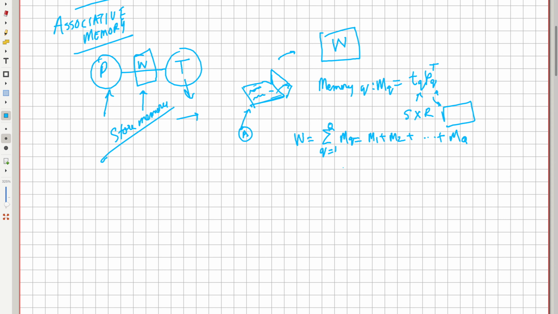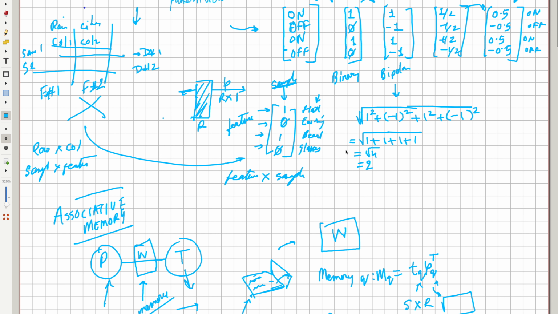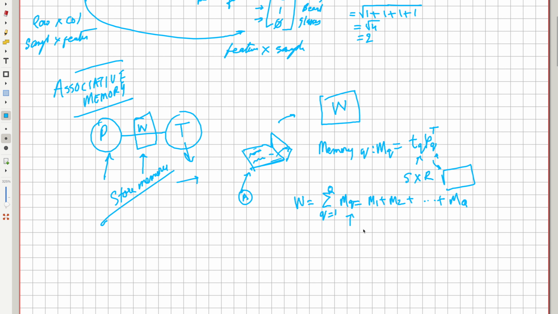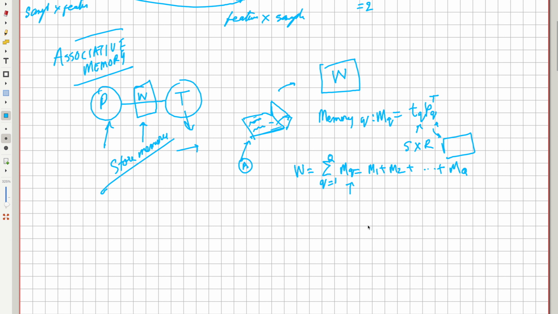Each MQ affects only the weights between the neurons that are on. And remember, here we are dealing with only inputs that are on or off, so in that case this works really well. Every memory only updates a small subset of entries inside of this W, and this is exactly like writing multiple transparent images on top of each other.